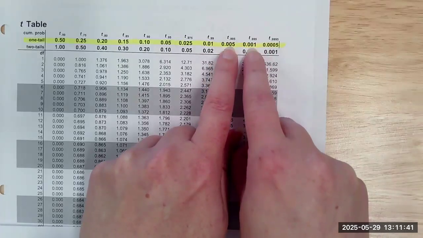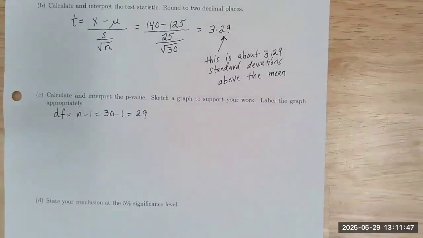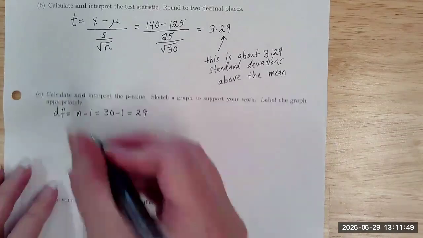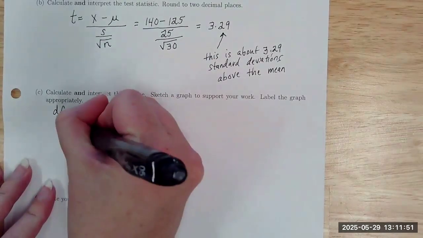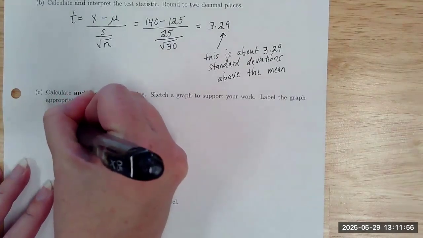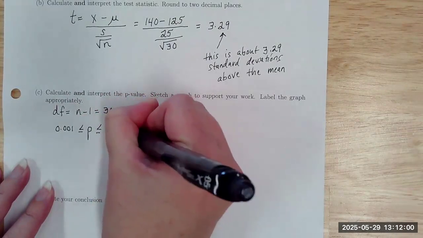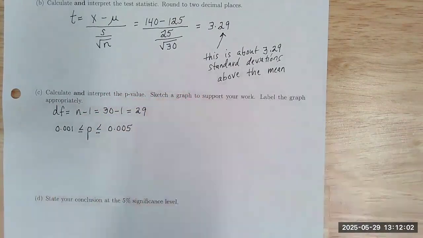So you're going to say bigger than this one, but smaller than this one. Yeah. So I'm going to write that down. I'm going to say P is greater than or equal to 0.001, but it's less than or equal to 0.005. And that's coming straight from the table.